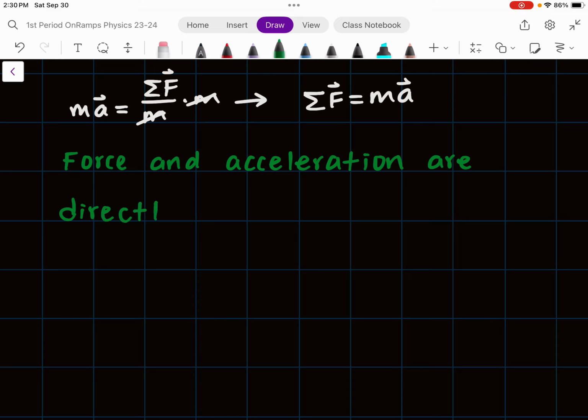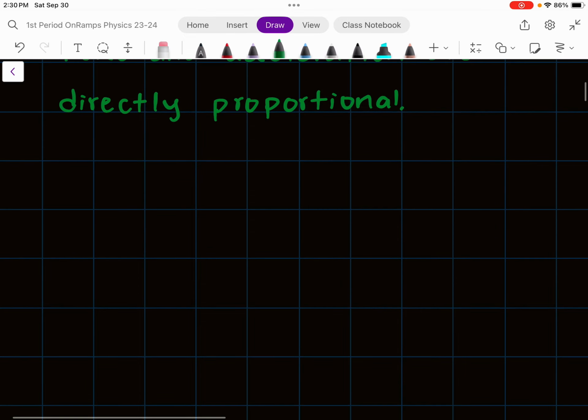See what that means. Okay? So that means, let's use the equation again. Force is equal to mass times acceleration.